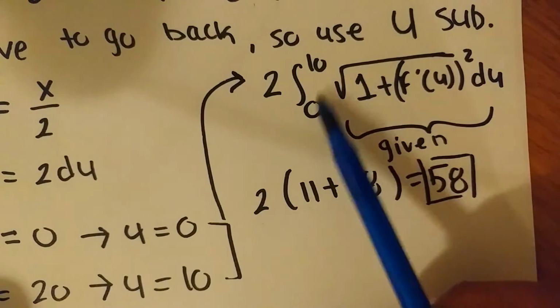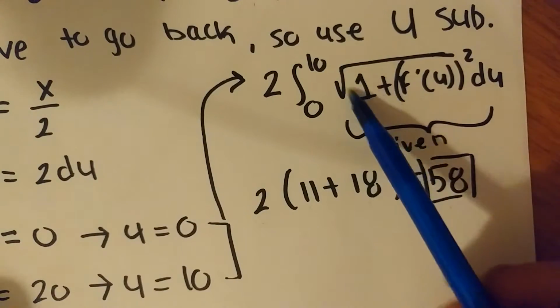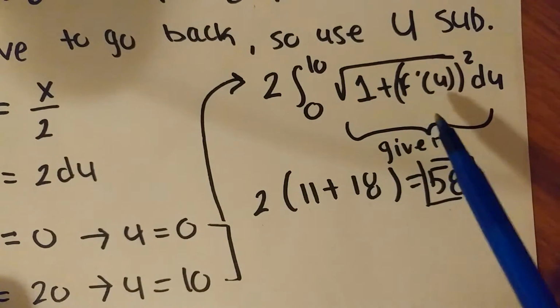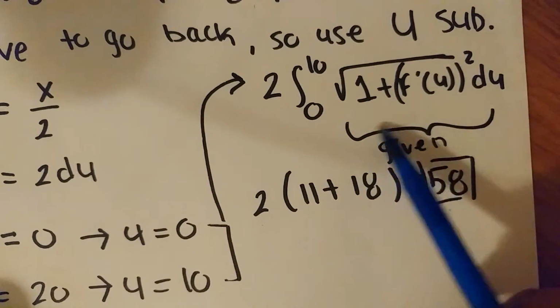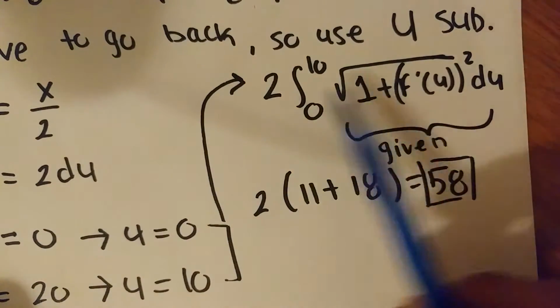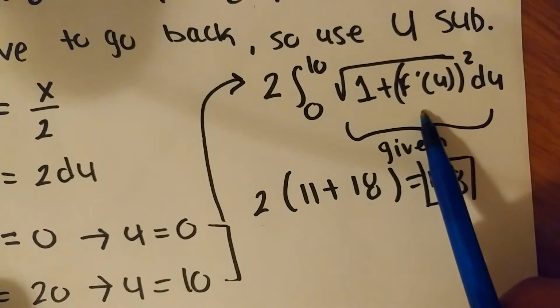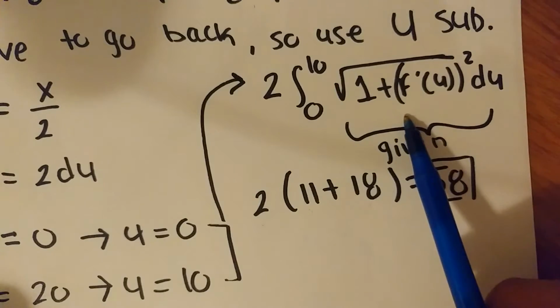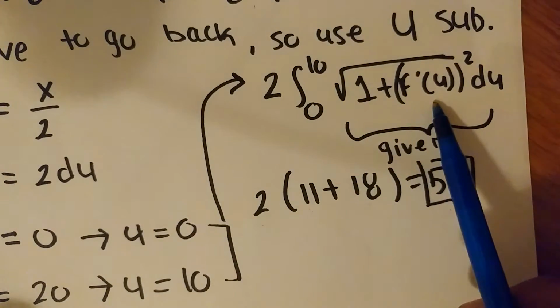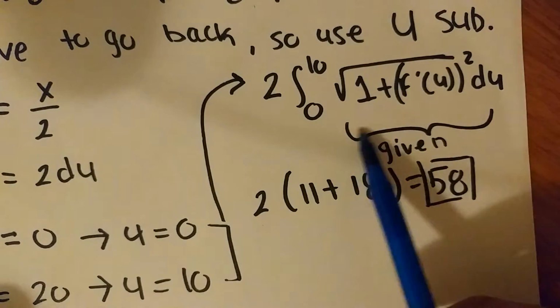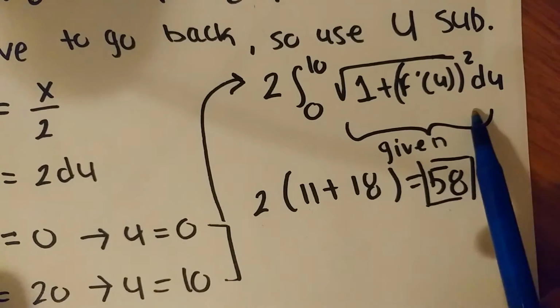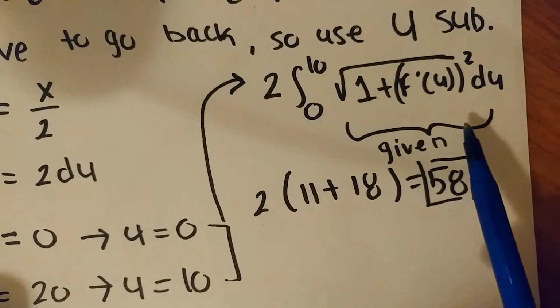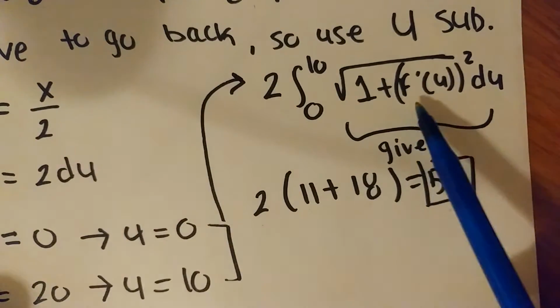New bounds of 0 and 10, and here's our formula from before. And this integral, this whole thing right here, is pretty much the arc length. Remember in part B, when the integral was the area, this one is actually the arc length, and it's given in the problem.